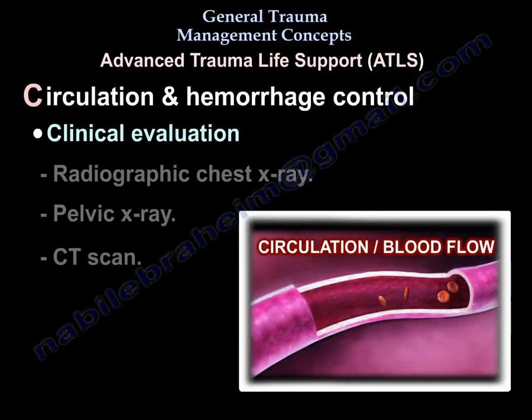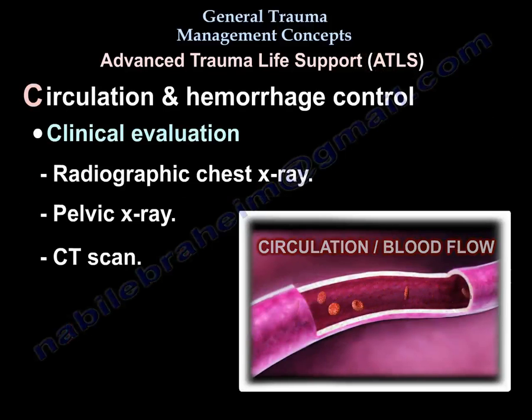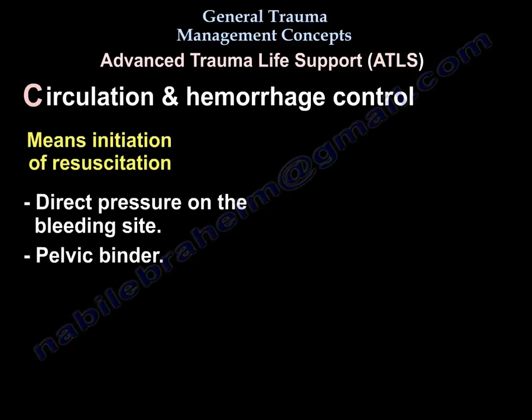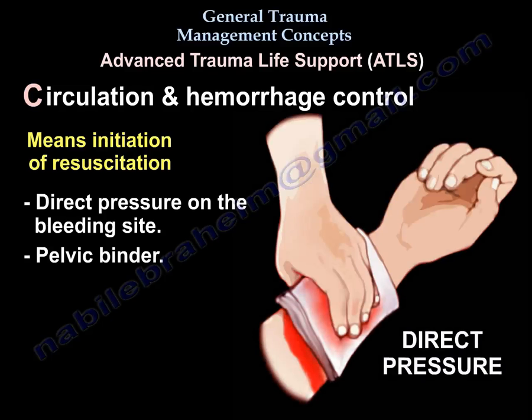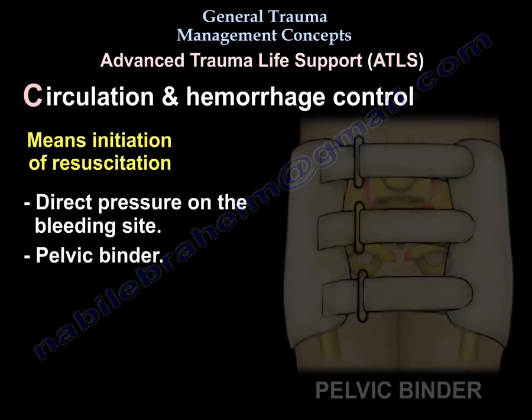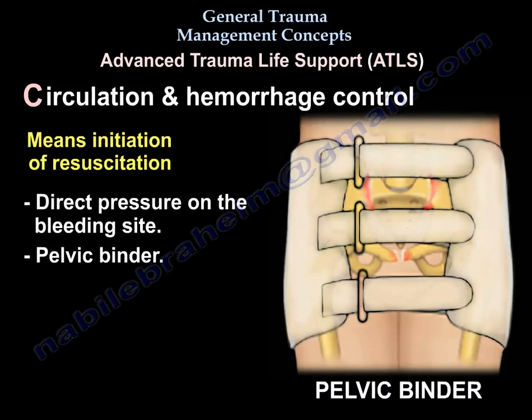Then circulation. A circulation problem, you will see it clinically or radiologically, like in a chest X-ray or pelvic X-rays or CT scans. Circulation and hemorrhage control means initiation of resuscitation, direct pressure on the bleeding site or a pelvic binder.